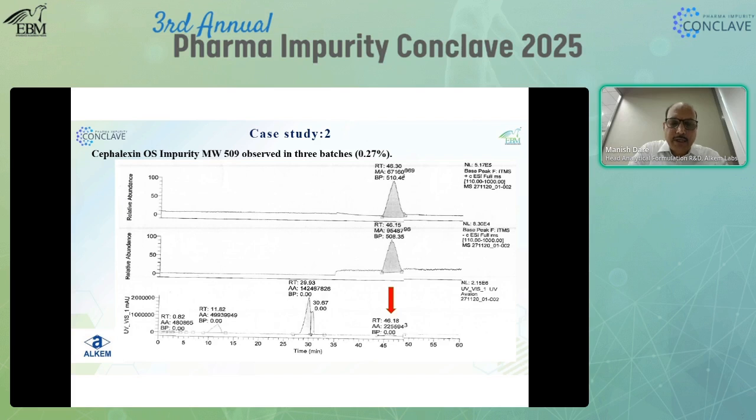We need to identify what this impurity is, because the usual unknown impurity limit is 0.2% as per MDT, and the impurity was observed at more than 0.2%, at 0.27%. So we have to identify what kind of impurity it is.